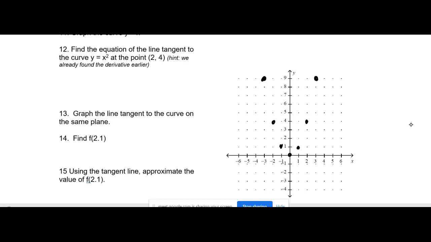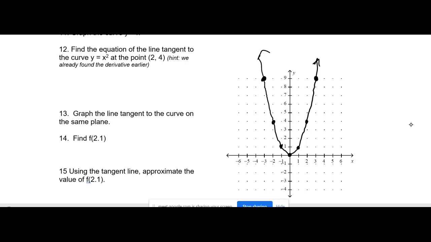And then as best you can, again, don't judge me. It's not easy to draw on this thing. Draw in that parabola through those points. There. It's actually not bad. Probably done worse in my life.